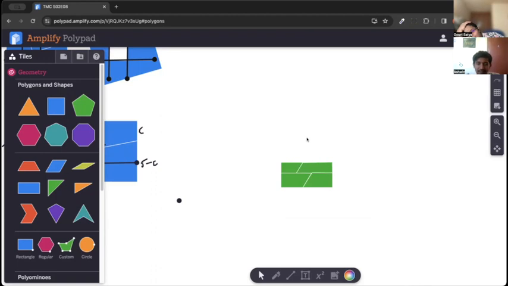So actually, this is just the area of a parallelogram formula. Because we have taken essentially the width and the height.